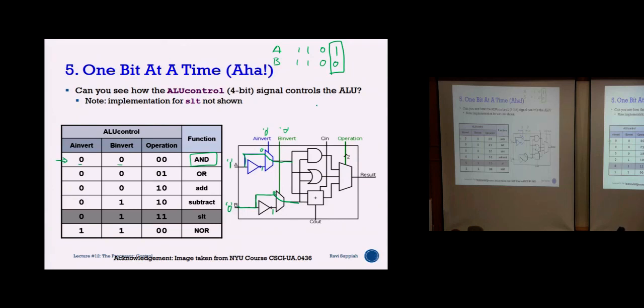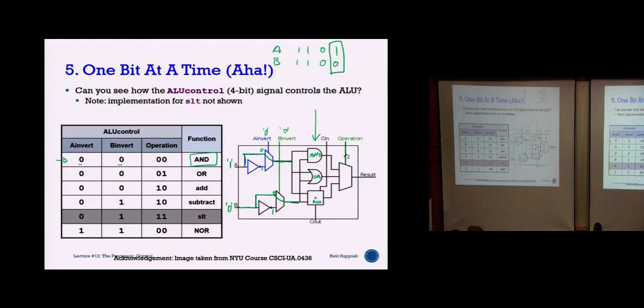In the next stage, what do you see? You see 3 hardware operations concurrently, correct? You have an AND operation, you have an OR operation, and you have an ADD operation.